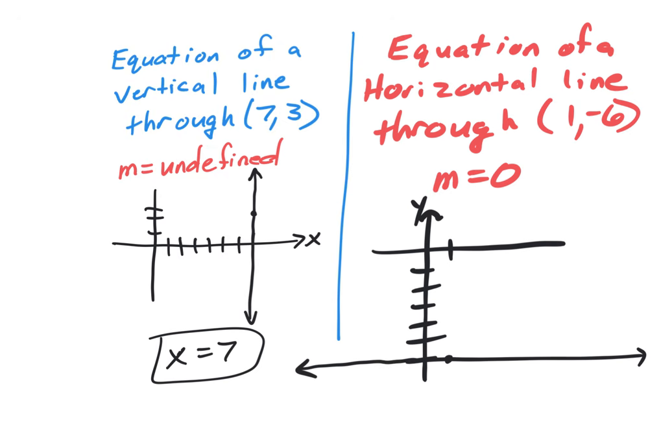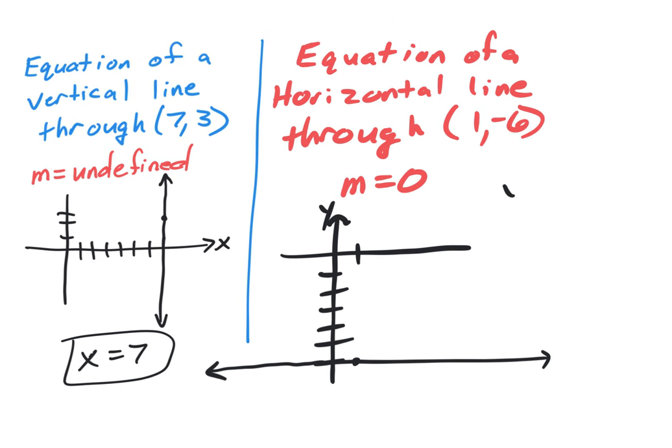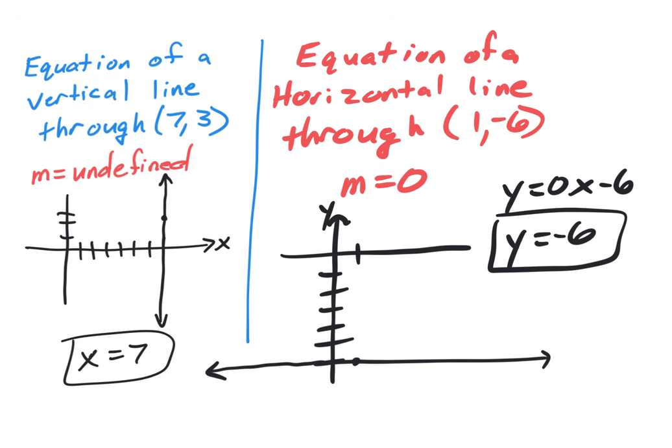So could I write my equation like this, y equals 0x minus 6? Theoretically, yes, but do I really need the 0x in there? Probably not. So when we write a horizontal line, we always say y equals -6. Vertical lines are always x equals, horizontal lines are always y equals.